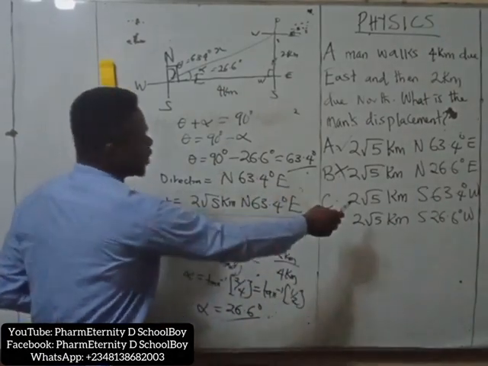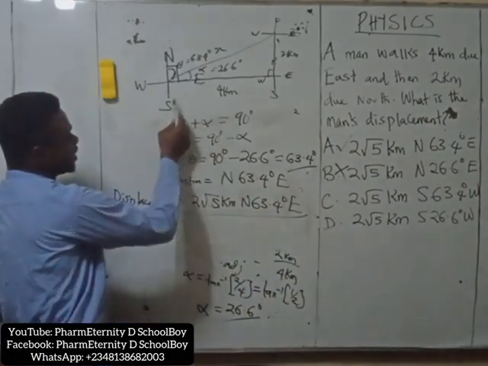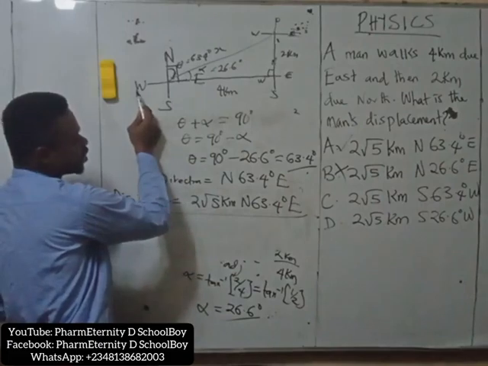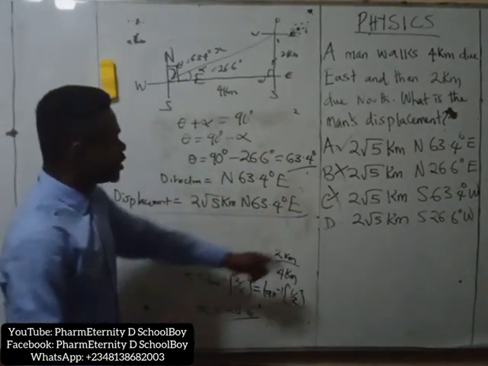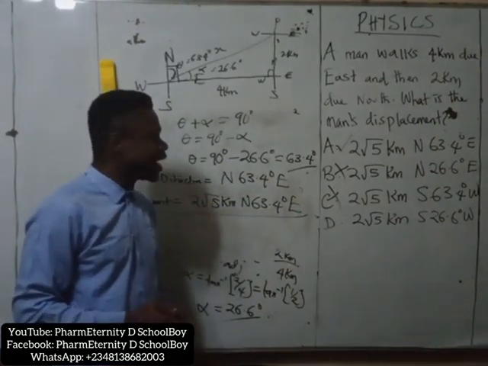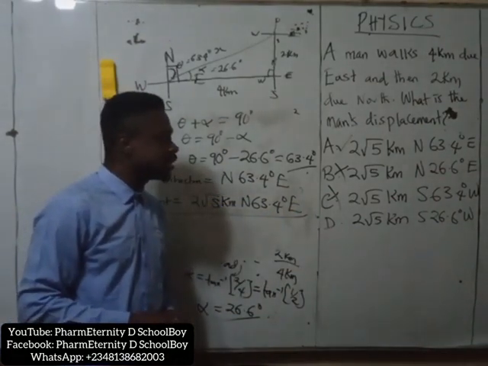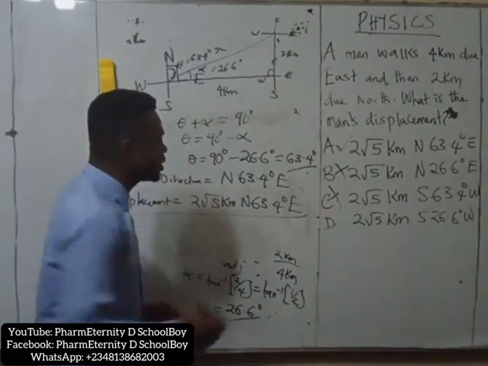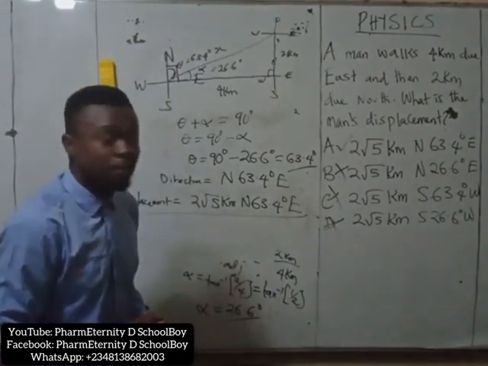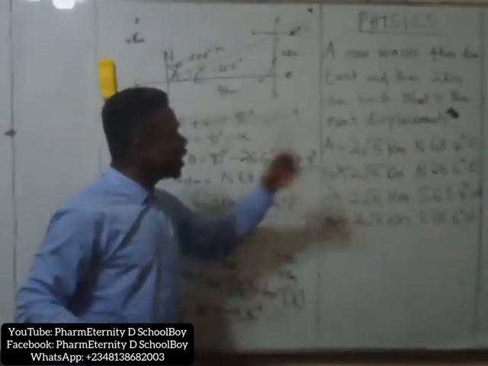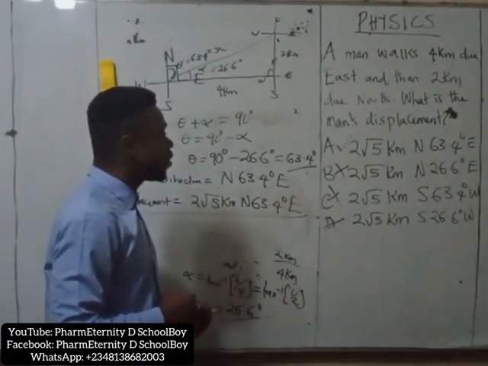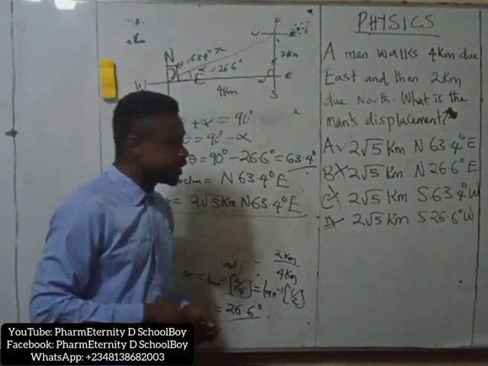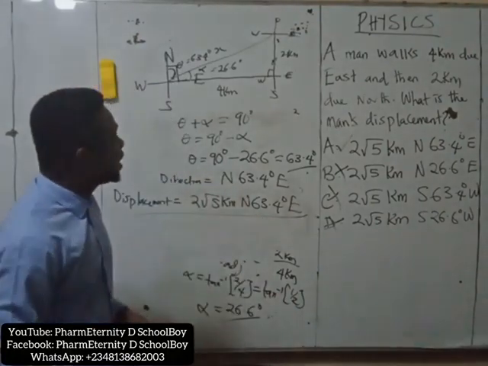This one says the man's direction is between south and west, which is not true, so I will not take this. D says 2 root 5 kilometers south, 26.6 degrees west. This one is also wrong. So the most appropriate option is option A, 2 root 5 kilometers north, 63.4 degrees east.